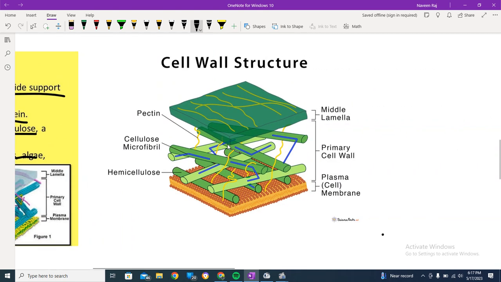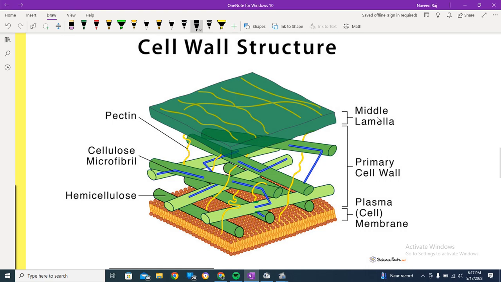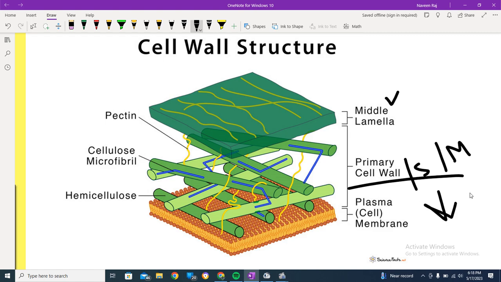Now, this is the structure of the cell wall. First of all, let me tell you that the cell wall consists of three major parts: the primary cell wall, the secondary cell wall, and the middle lamella, right? The middle lamella, or the middle cell wall, is here, and till here we've got the cell membrane, and in the downward part we've got the plasma membrane.